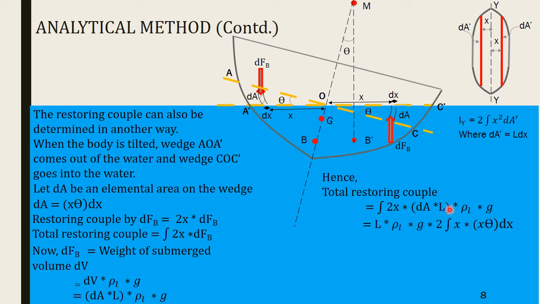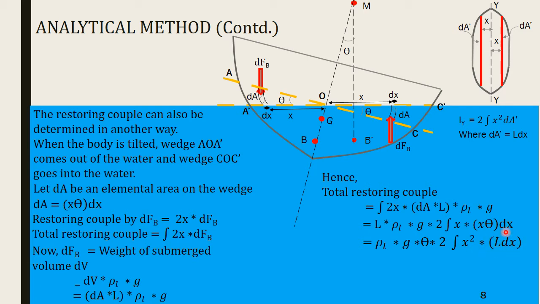So we'll take the constant terms outside: L into rho liquid into G into 2 into integral x into dA, which can be rewritten as x theta dx. But theta is also a constant, so theta can be brought outside, and I'm going to take L inside. And so I will get rho L into G into theta into 2 into integral x squared L dx.